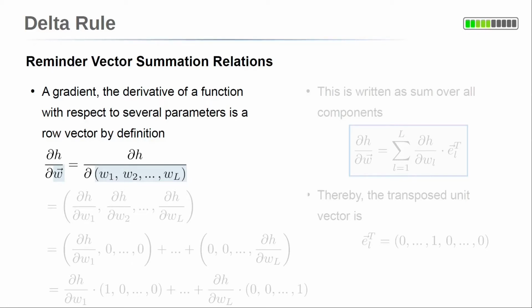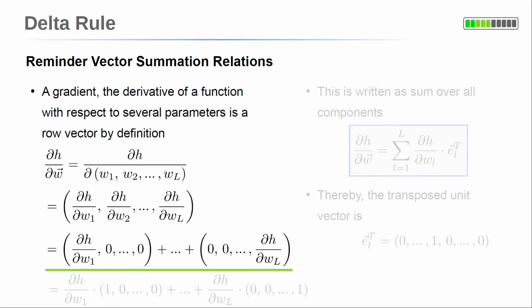The gradient is a row vector by definition. The definition of the gradient of a function h with respect to the parameter vector w is the derivative of h with respect to the parameter vector's first component w1, the derivative of h with respect to w2, and so on.